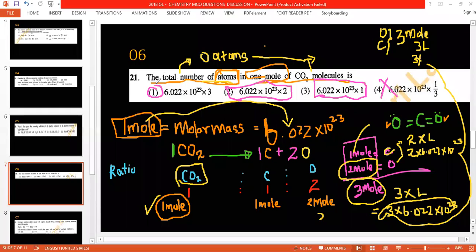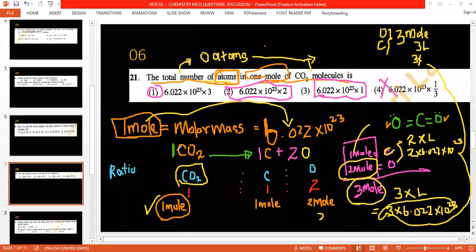So the question number 21, 2018 MCQ, which is all about calculation. Calculation is very easy. The basic concept is very important. 1 mole is equal to 6.022 into 10 to the power 23.